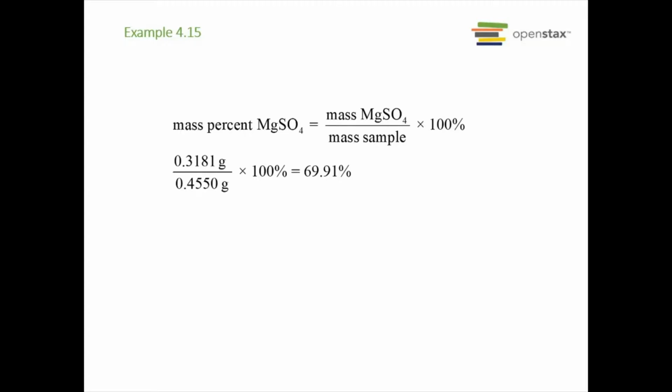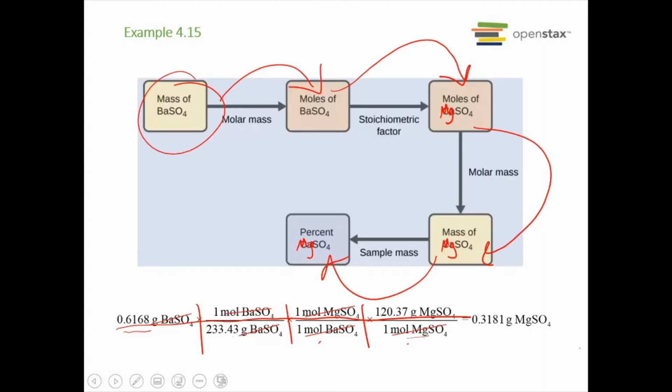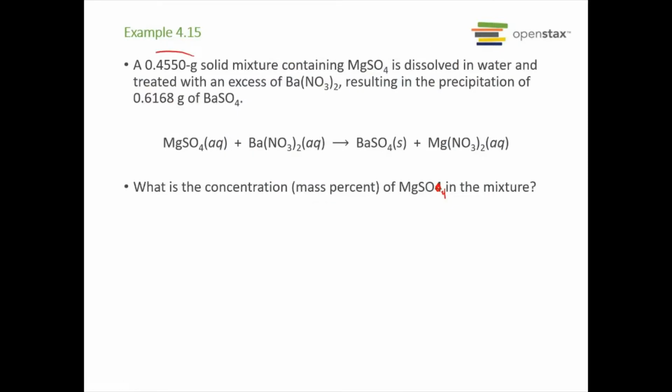All right. So anyway, we found out that we have 0.3181 grams of magnesium sulfate in our sample. And then we were told that our whole mixture that this magnesium sulfate was from weighed 0.4550 grams.